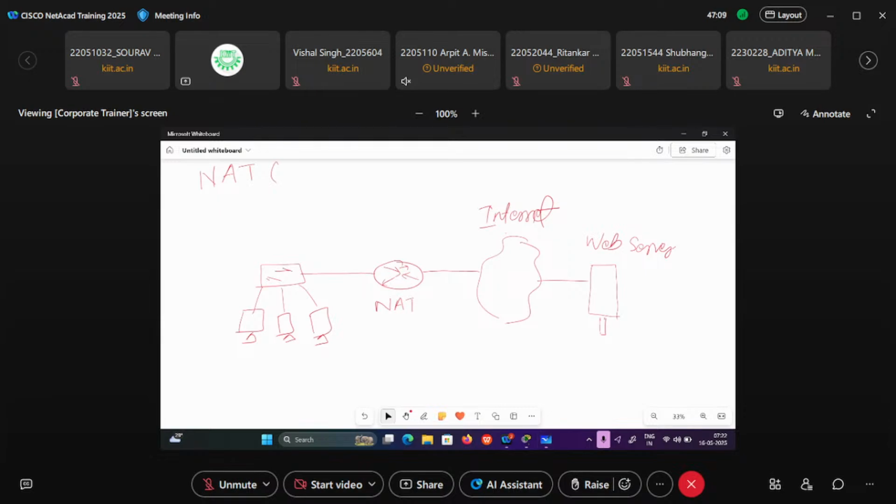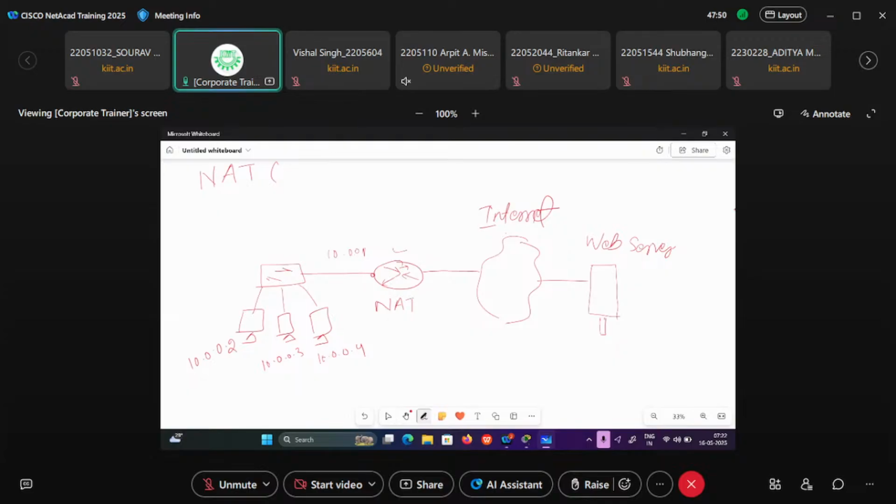Just see the scenario: in our network, we have multiple devices and their IPs are like this. This interface IP is, let it be, 10.0.0.1, and for this user the IP is 10.0.0.2, for this 10.0.0.3, and for this computer 10.0.0.4. Okay, and here we are configuring NAT on this router.